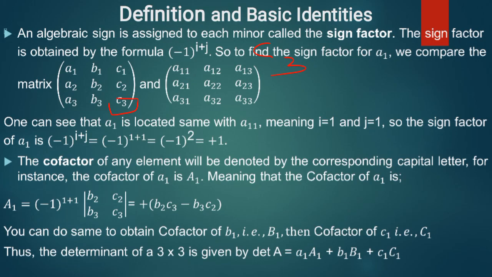Remember, the cofactor of A1 is a capital letter A1, so we're looking for that of C3. It means that it will be capital letter C3, and this will be equal to the sign factor minus 1. What will be our I for C3? C3 is at 3, 3, which means that my I is 3, my J is 3.